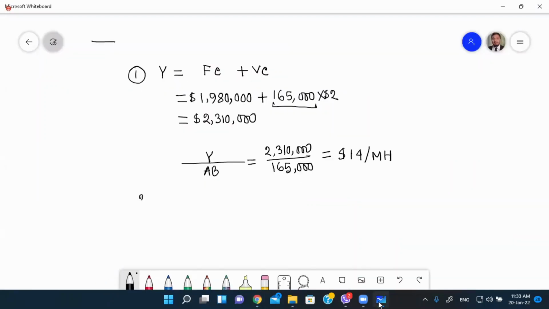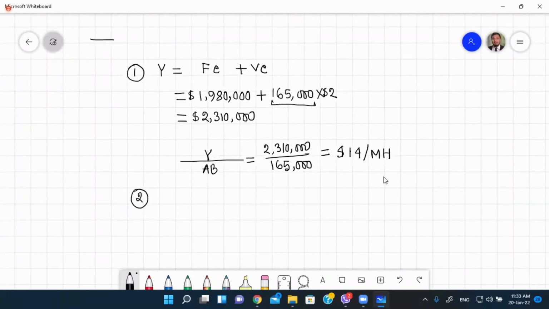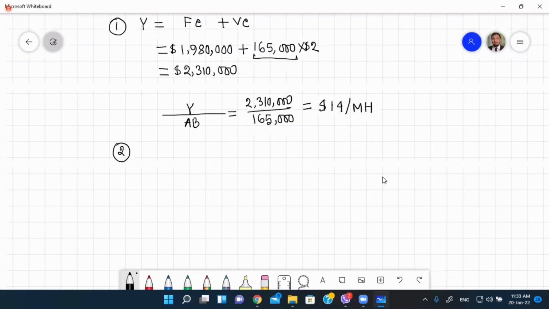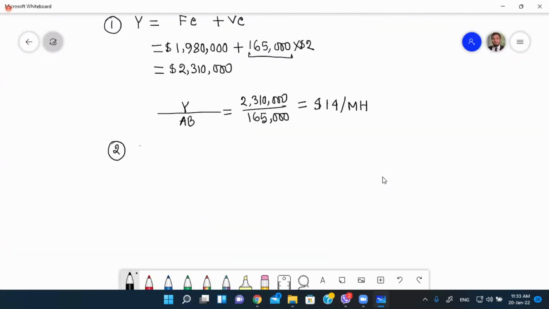So for problem 2, we can assemble all the manufacturing expenses. Here we have the direct materials, that is 1,150 given. Then for direct labor, 830. Let me write the dollar sign here.